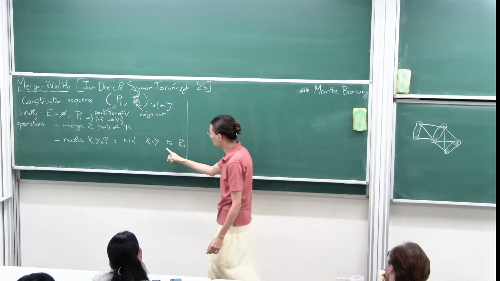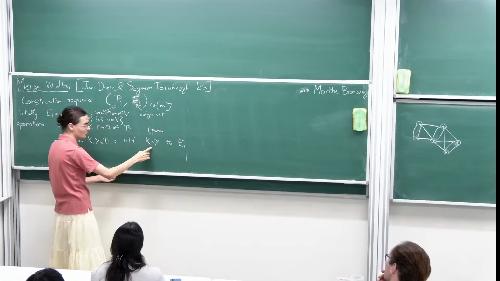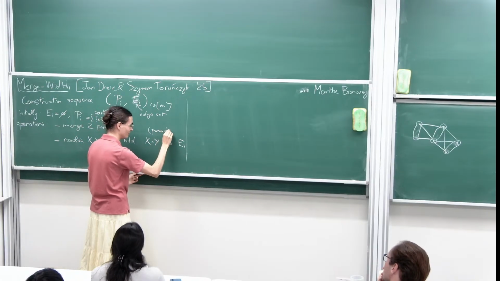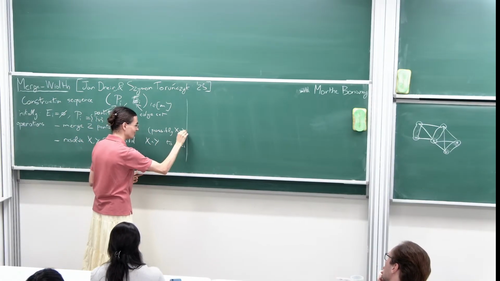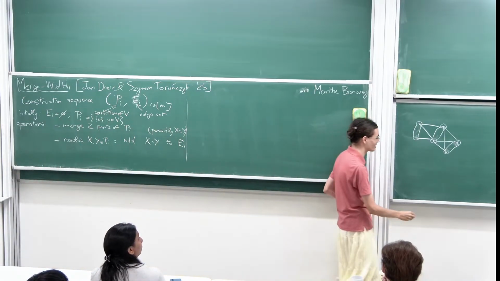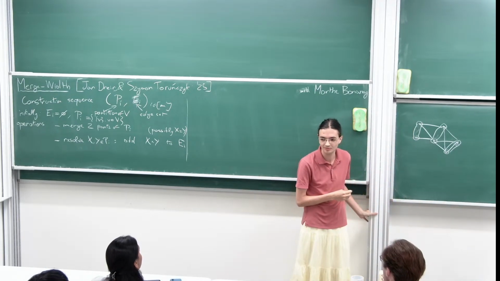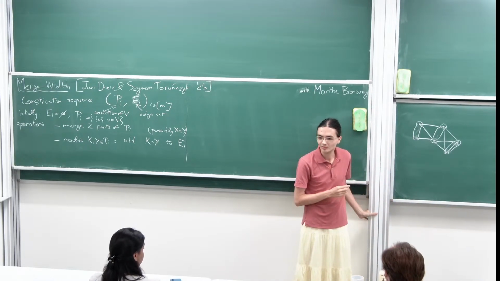One thing which is allowed here is that they don't have to be distinct parts. So if you take the same part twice, what it means is just making a clique. So I could say I'm resolving this part with itself, and that just makes this. Any questions so far?